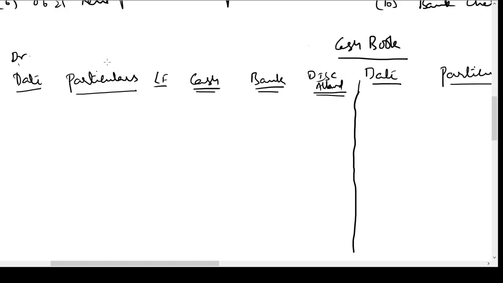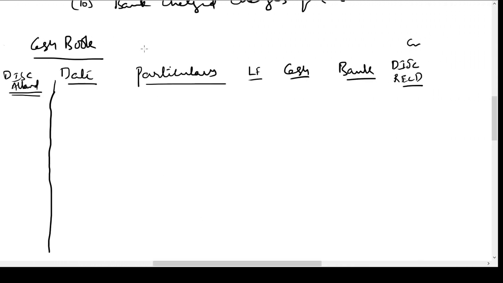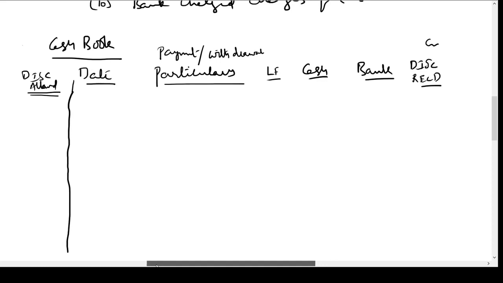On the left side, we are going to record the receipts of cash and deposits in bank, whereas on the credit side, that is on the right side, we are going to record the payments of cash and withdrawal from the bank account. So this cash book is going to play a triple role.